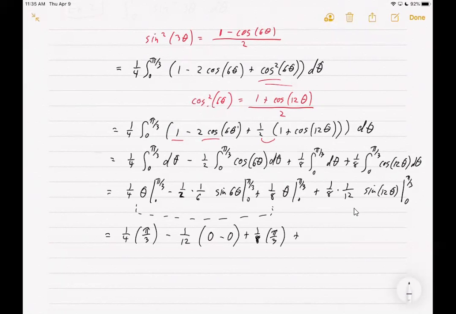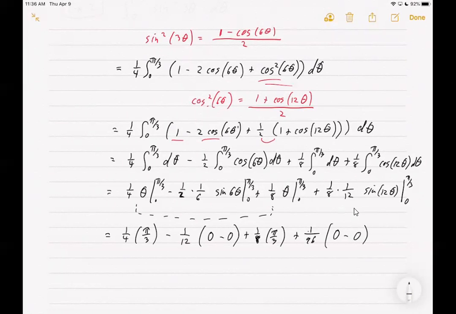Plus, and then we have 1/8 of 1/12, so that's 1/96. And 12 times pi over 3 would be 4 pi. Well, the sine of 4 pi is 0, and the sine of 0 is 0. So all of that works out quite nicely.